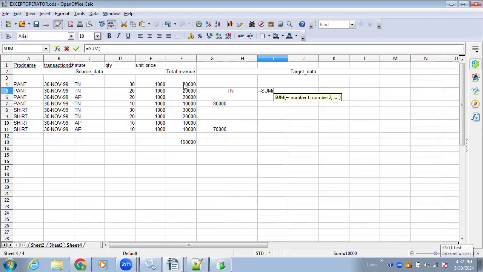If you want to perform this analytics, F4 comma F5 comma, this is AP again, and this would be F7.